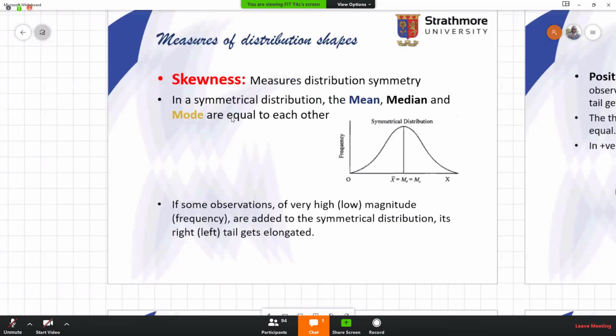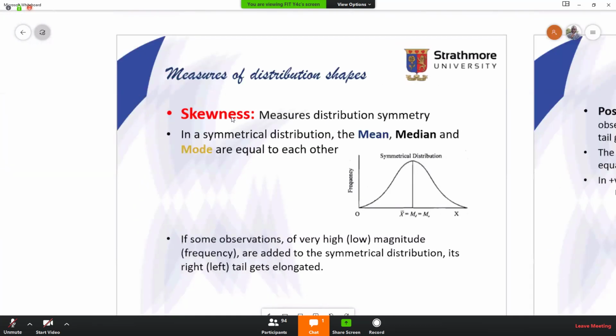So whenever you're given a data set, let's say we are collecting the age of ICS students, we will have so many ages and they will fall within a range, maybe between 18 and 25.